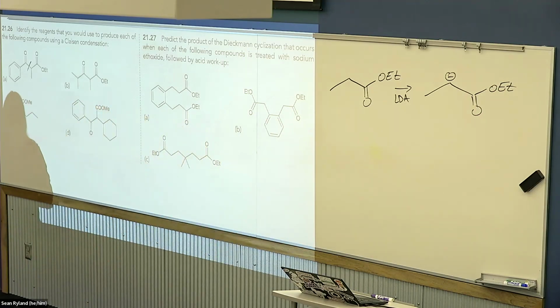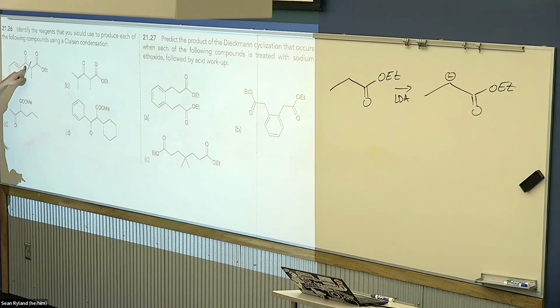Then we're going to expose it to really any sort of benzoyl ester. Because we're doing this one in sequence now, we don't have to keep it with the same leaving group, but for simplicity's sake, we might.